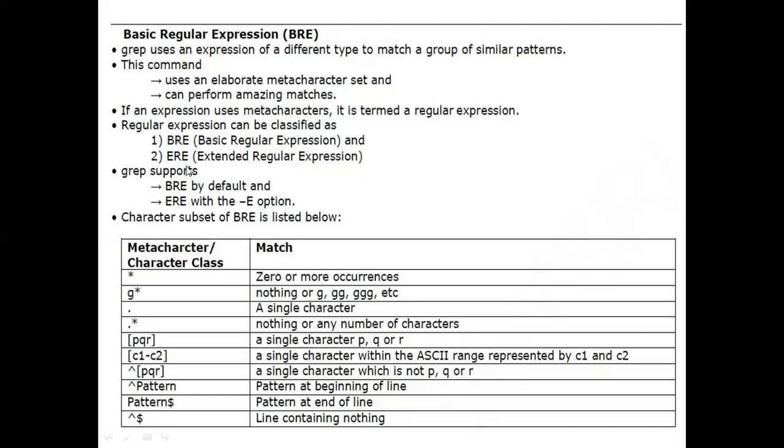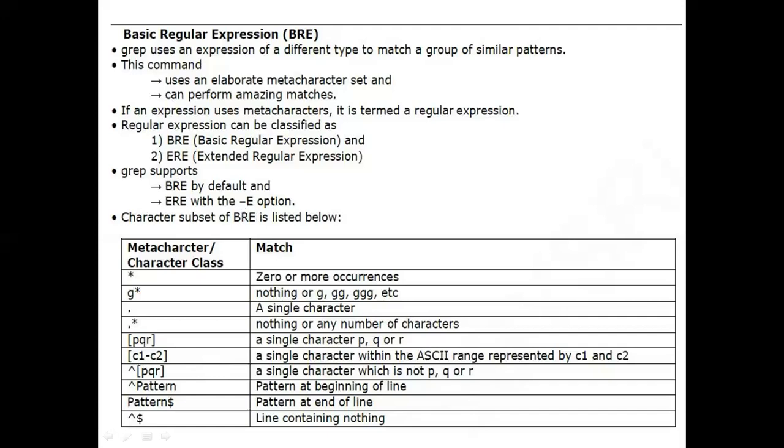Your grep will support the basic regular expression by default. That means if you are using grep command as it is without any option, then it will surely support the expressions that are associated with basic regular expression. But if you want to use extended regular expression with your grep command, then you need to include the option called -e.